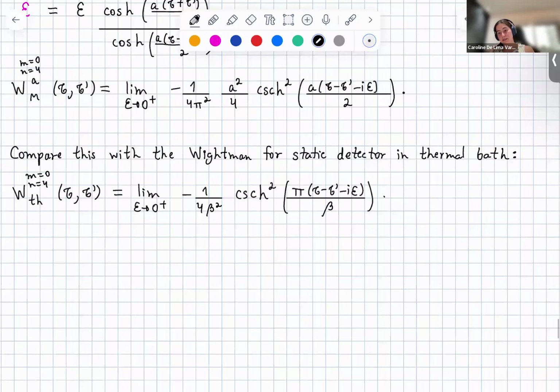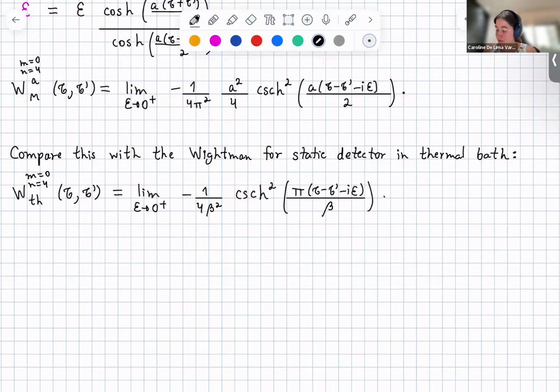So they look very similar, don't they? Can't we match them somehow, one in terms of the other, to reveal that this Wightman function is the same as that if we define some of the constants in terms of the others?